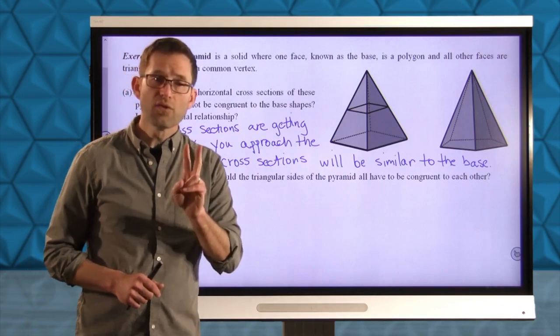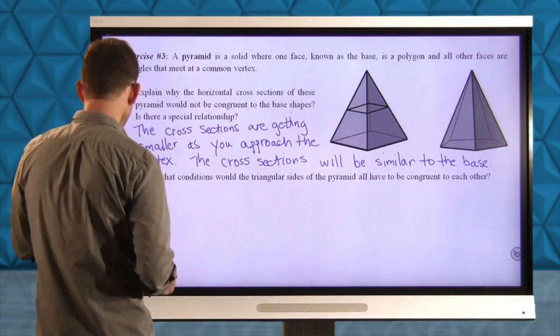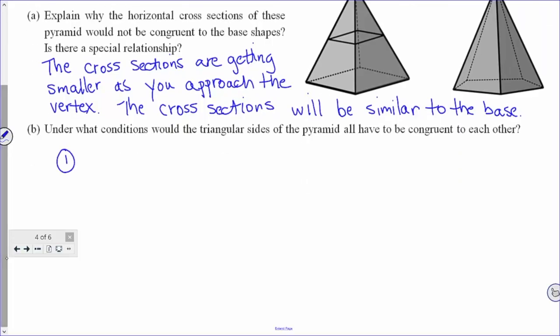Well, there's really two things that are important. First, one, the base would need to be a regular polygon.